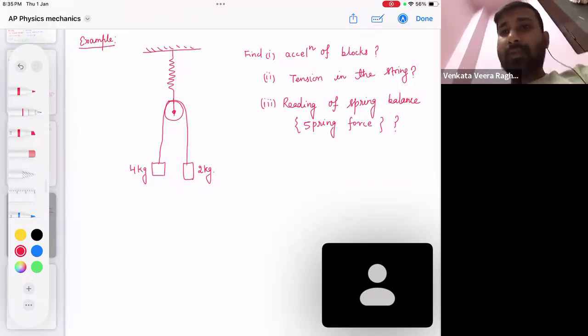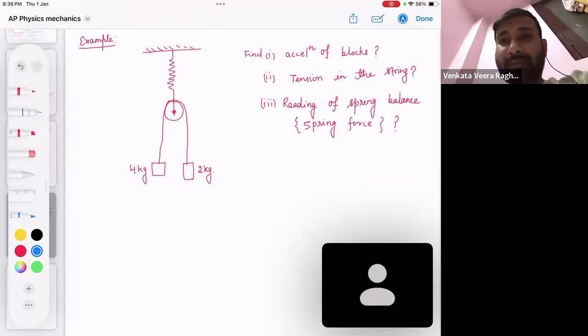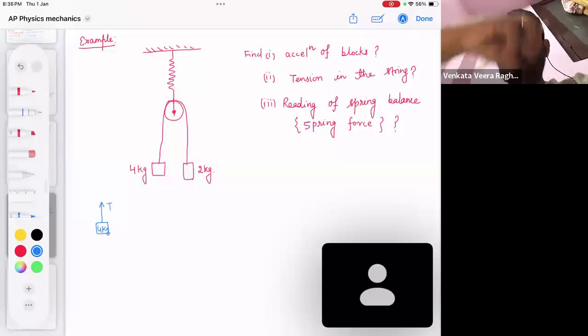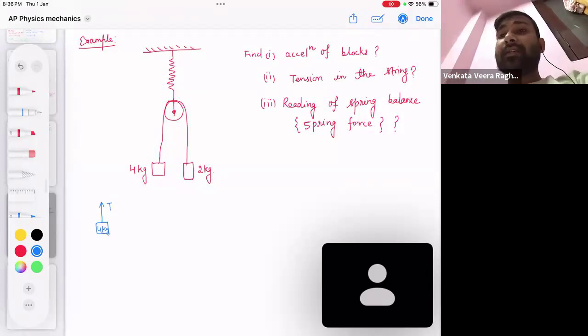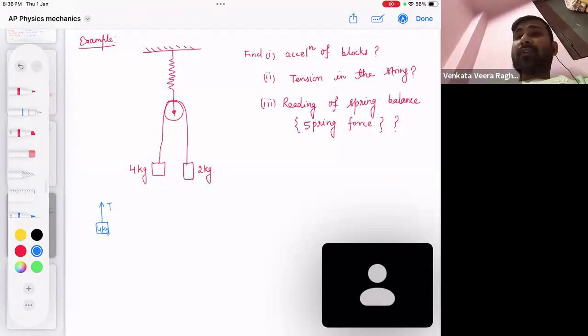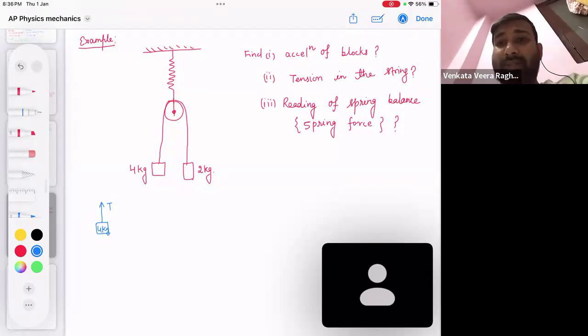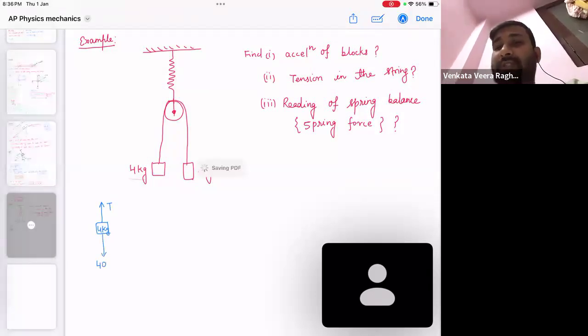So on the 4 kg, what forces will be acting? Can we say there will be a tension pulling it? Tension is always along the string, but always away from the body, because tension will always try to pull the body. And there will be one mg force, which is 40 Newton. Now tell me, these two blocks are connected with the same string, right?